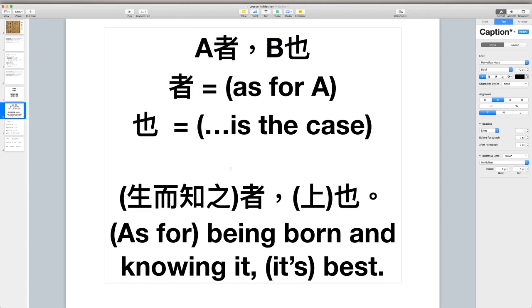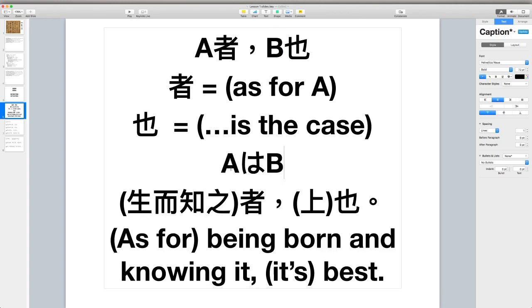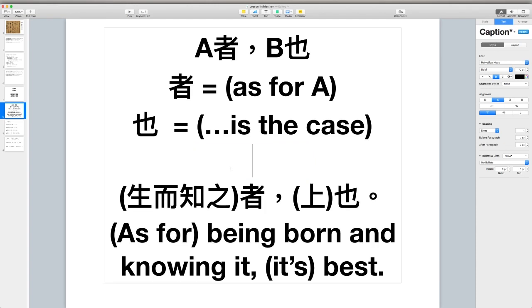If you're familiar with Japanese, the pattern would be A wa B da, or B desu, which is the basic sentence pattern in Japanese, right? And it's functionally exactly the same as A zhě B yě.